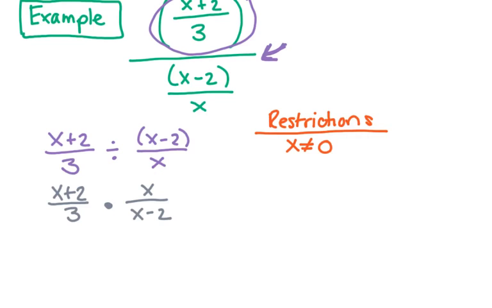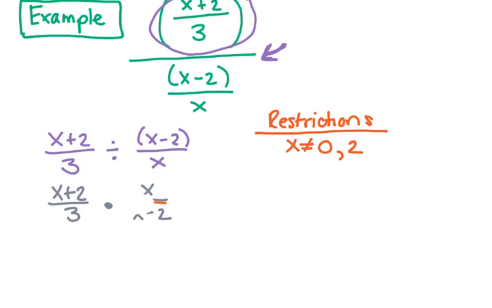But once I flip the second fraction, now I have a new denominator. So I need to also write the restriction for that denominator. And so 2 minus 2 would equal 0, and I can't have 0 on the bottom. So I need to include 2 as a restriction for x.